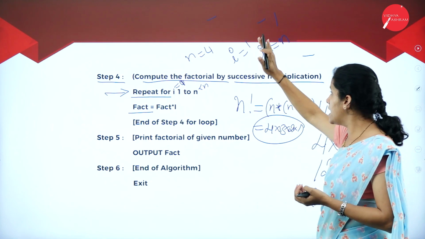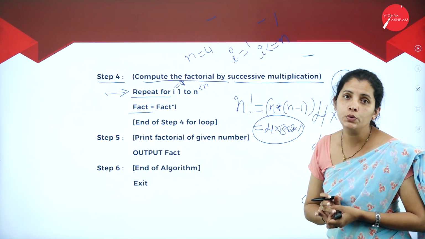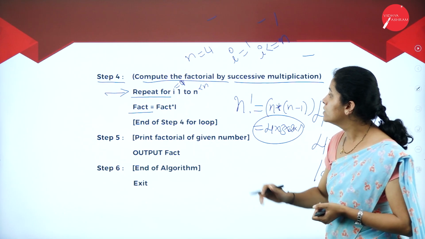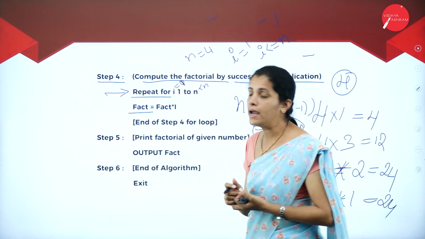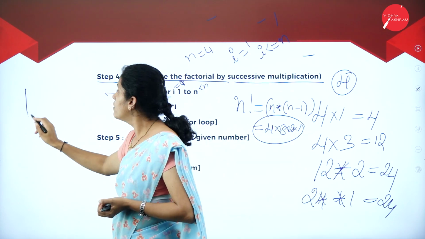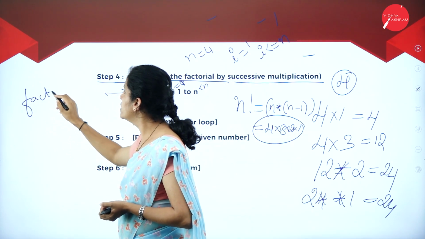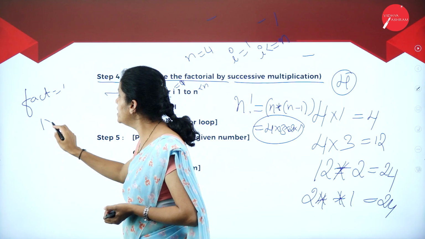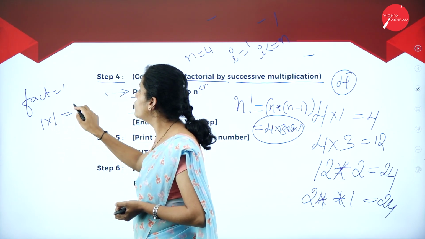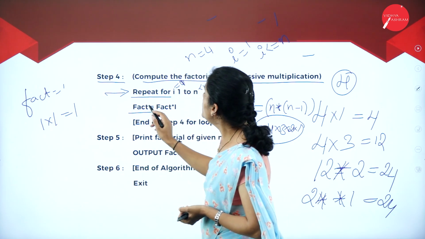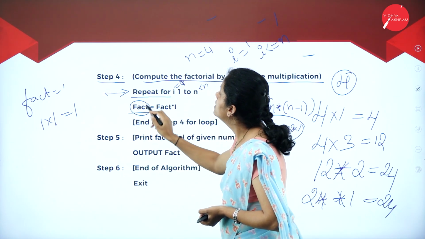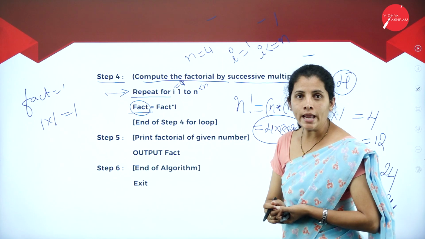And each time I is going to increment by 1. So initially I is 1 and what is my fact value? Here fact is 1. Fact equal to 1. So 1 into 1, what is the output I'm going to have? That is 1 and which is stored in the fact variable.